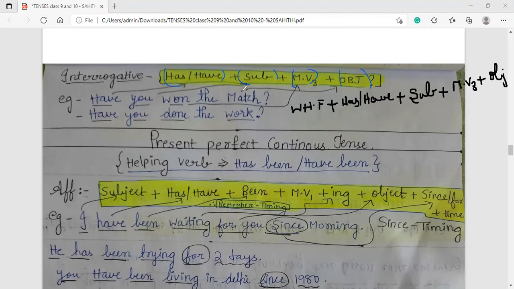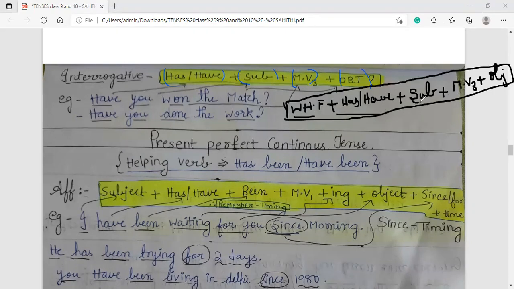Got it. So this is the formula for double interrogative. In double interrogative, there is only one thing, that is you need to add the WH family. The WH family plus has or have helping verb, subject plus main third form of verb plus object.